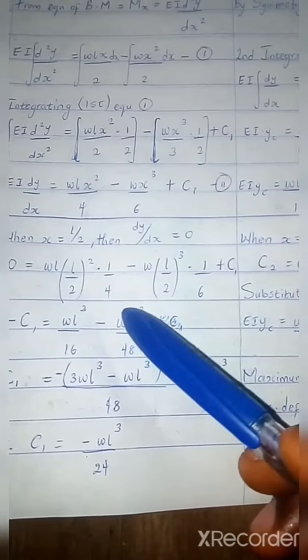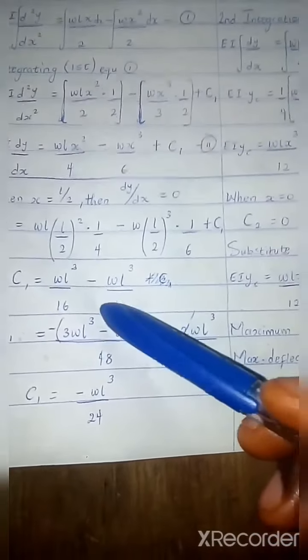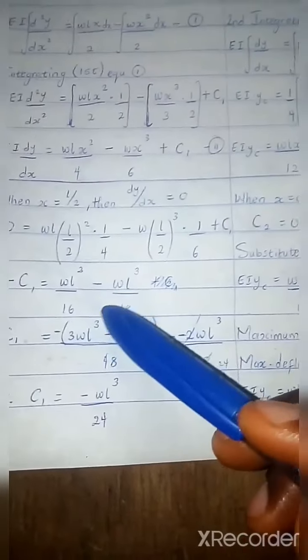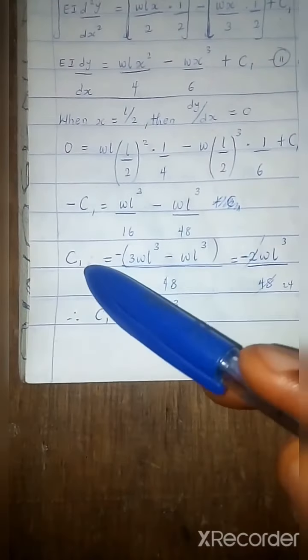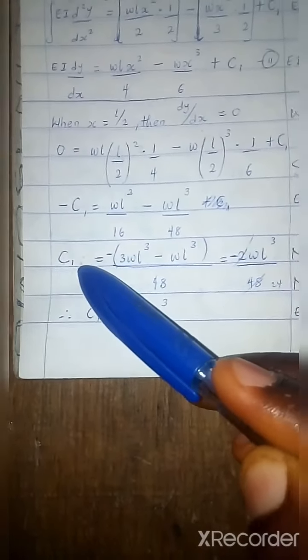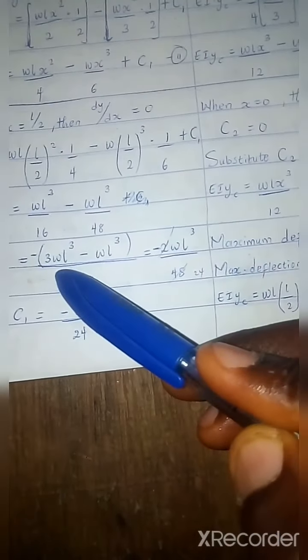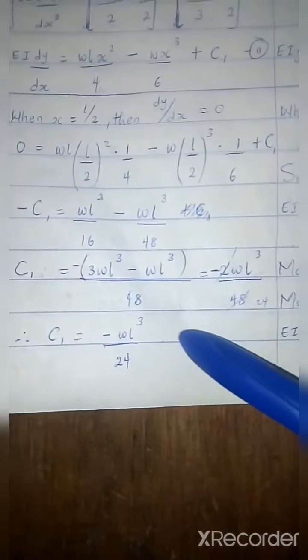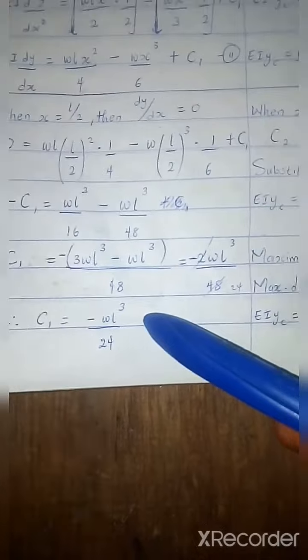So we input the value to get our constant. So we get our constant from the boundary condition to be, as you can see, minus WL cubed over 24.